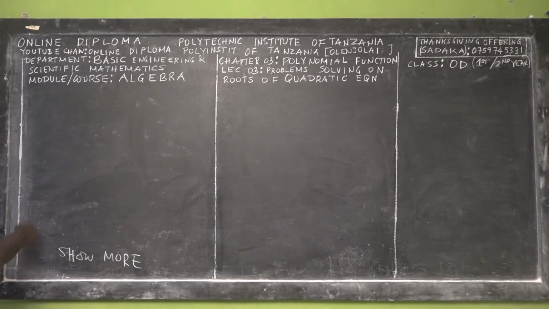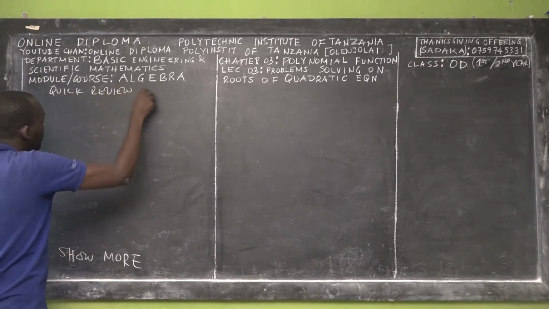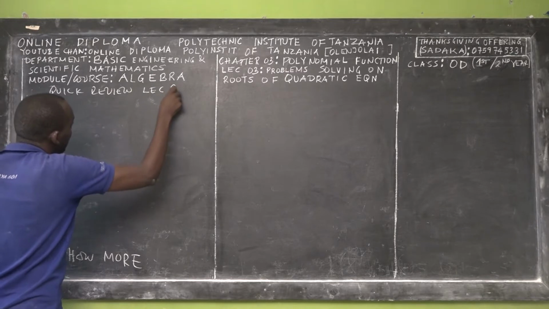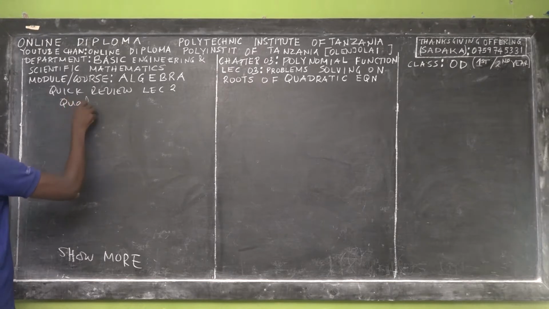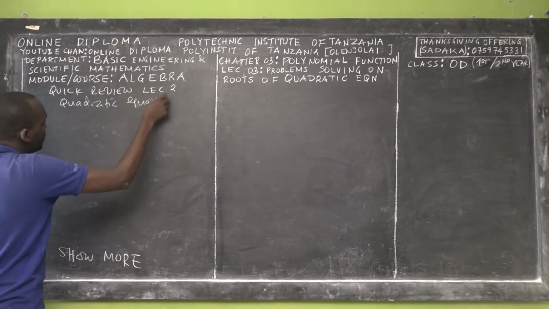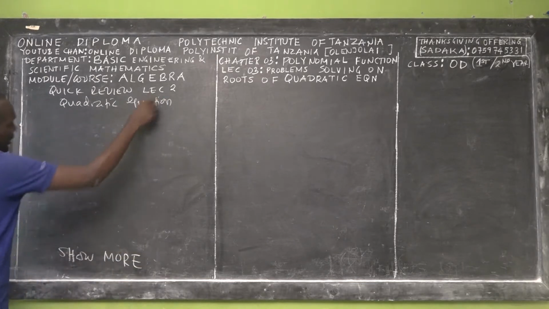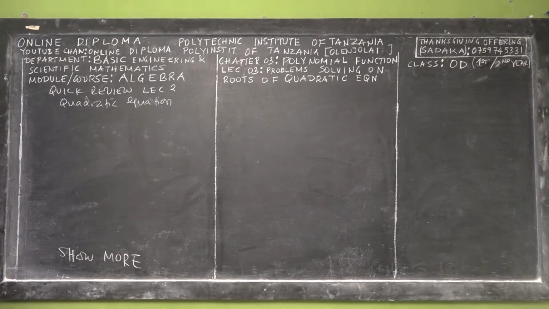So let me do a quick review of lecture 2. In lecture 2, we learned about the quadratic function, but we learned it a little differently from what we learned in our ordinary education, especially Form 2.